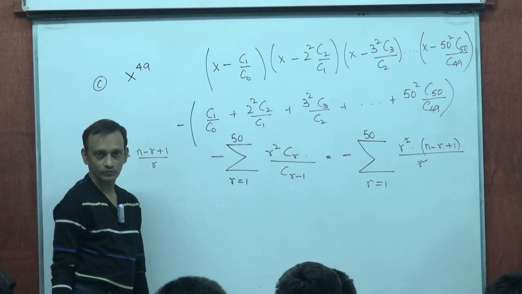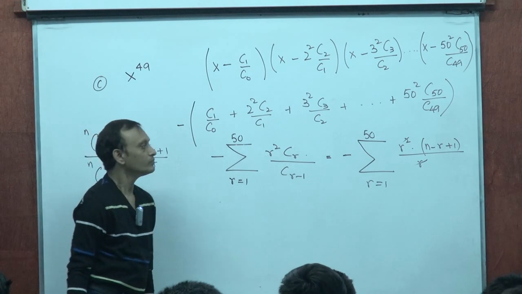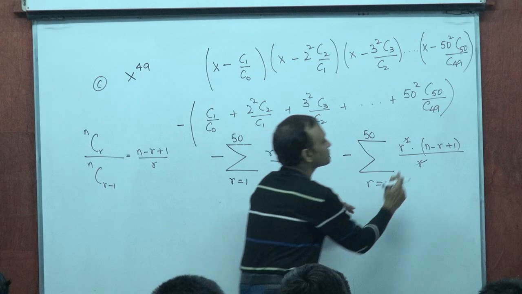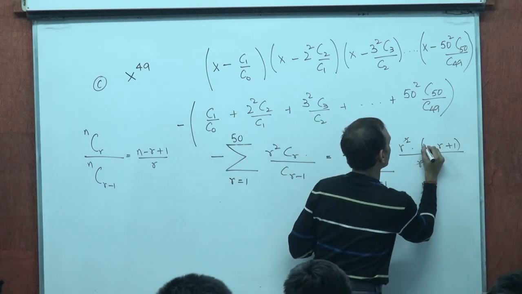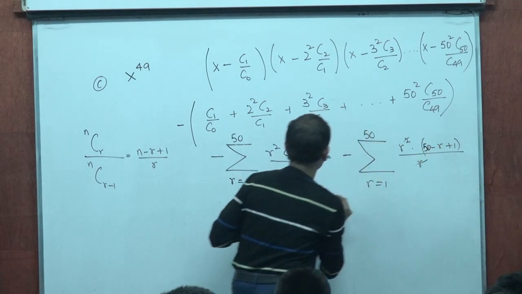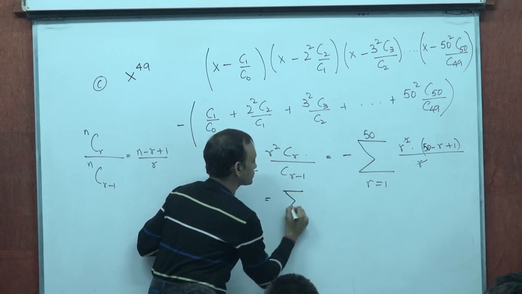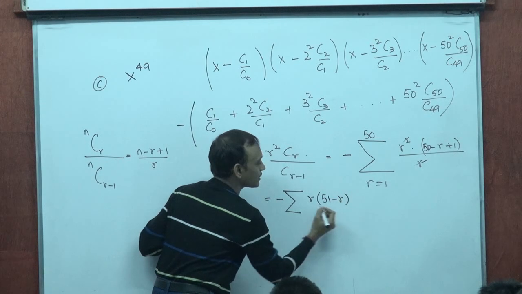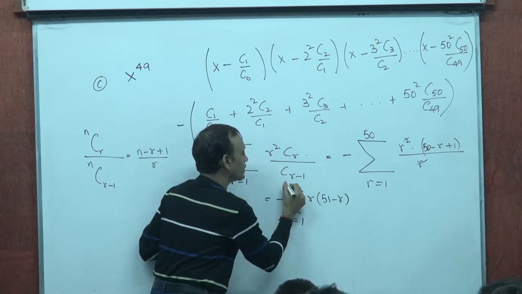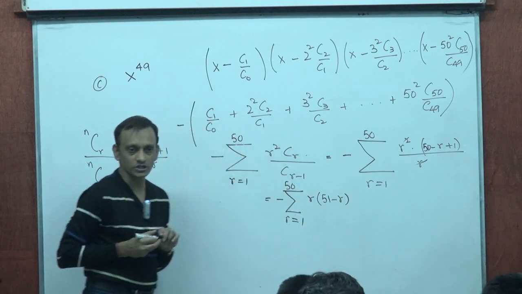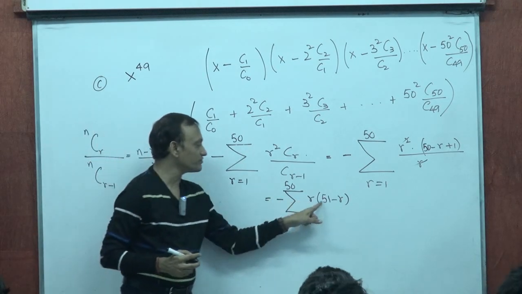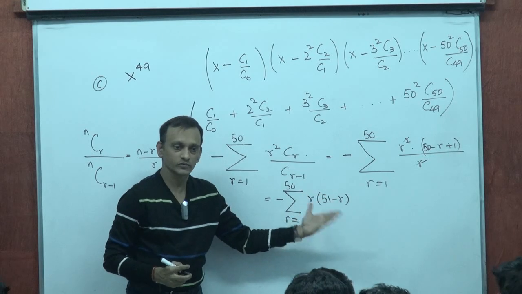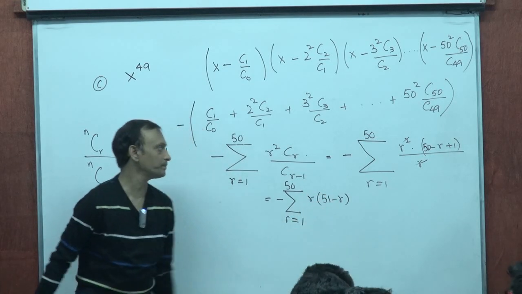Yes or no? Of course, n here is 50, so this is 50 minus r plus 1. So this is minus summation r into (51 minus r), r runs from 1 to 50. You can find the summation, right? Because it is 51 summation r minus summation r squared. So I'll leave it at this point.